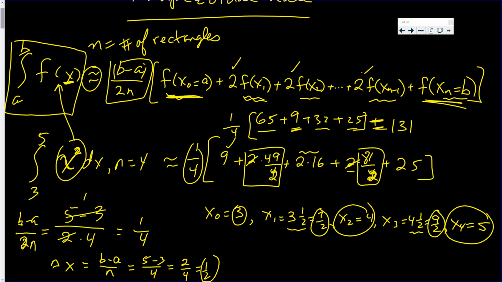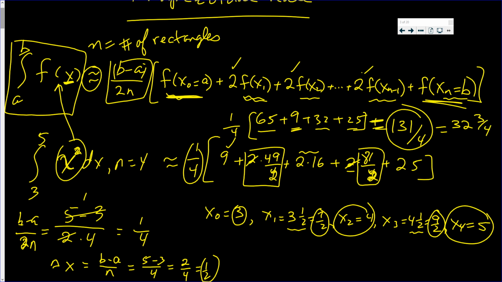So the answer is 131 divided by 4. And this is 32. What's that? 128 and 3 left over. It's 32 and 3/4.